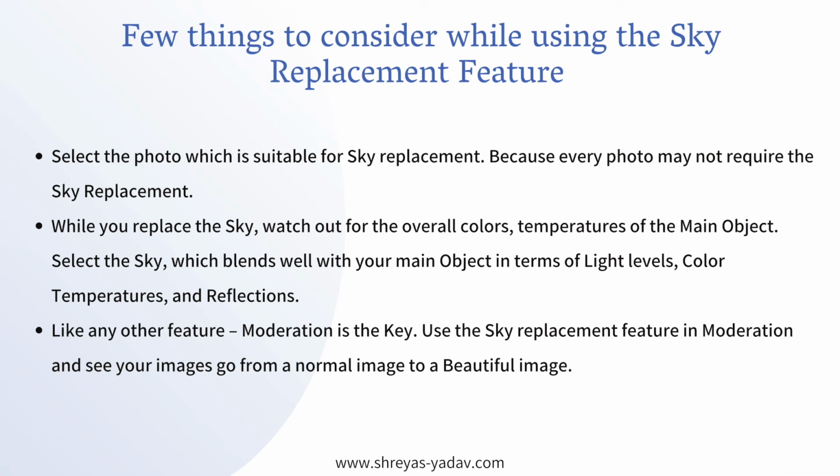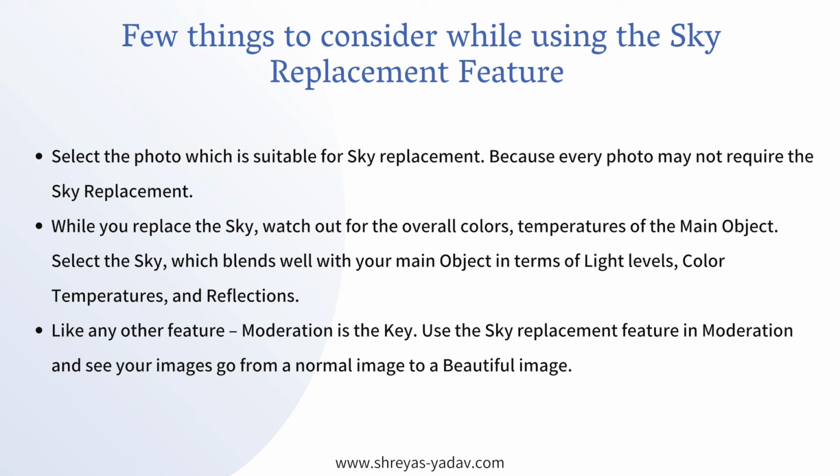Here are some of the watch-outs. Remember, every photo will not require a sky replacement. Hence, select a photo which is suitable for sky replacement. The second point is, whenever you replace the sky, watch out for the overall colors and temperatures of the main object. Also, select a sky which blends well with your main object in terms of light levels, colors, temperatures and reflections.